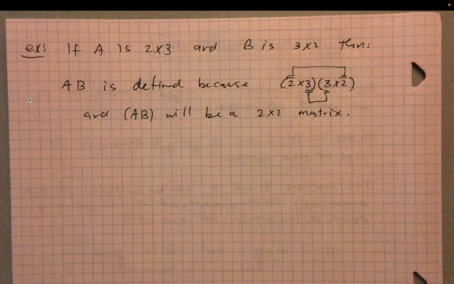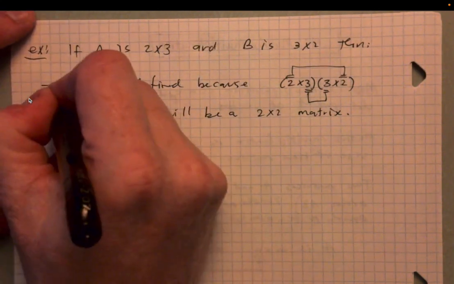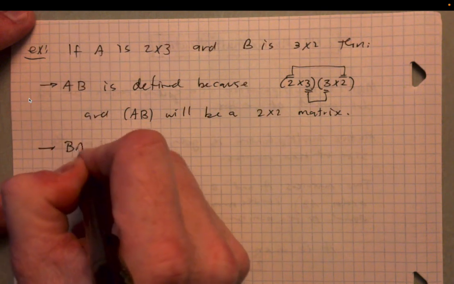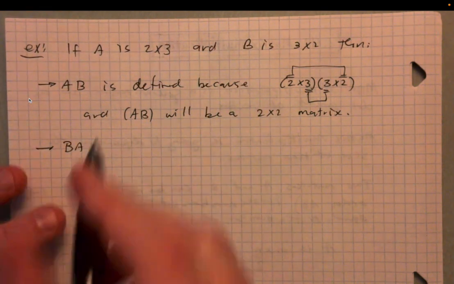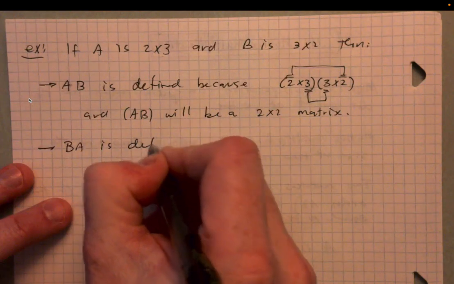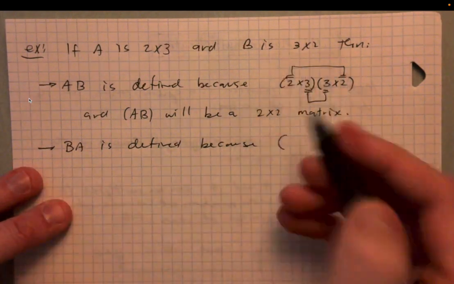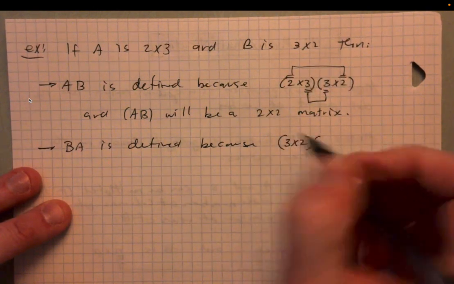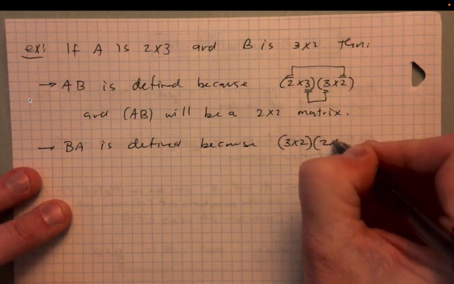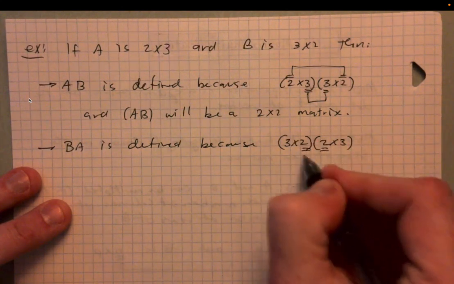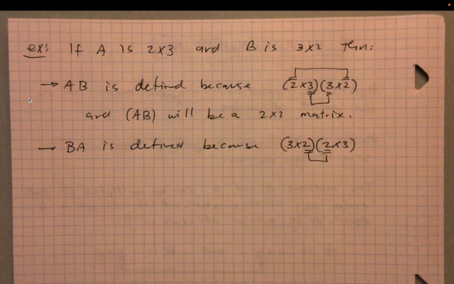So if A is 2 by 3 and B is 3 by 2, then AB will be a 2 by 2 matrix. What about BA? Can we multiply BA in this case? It works, actually. BA is defined because B is a 3 by 2 matrix and A is a 2 by 3 matrix, so the inside numbers of the dimensions match.